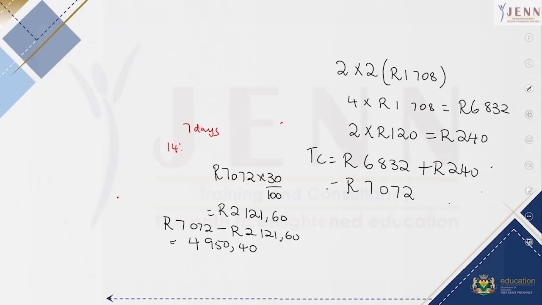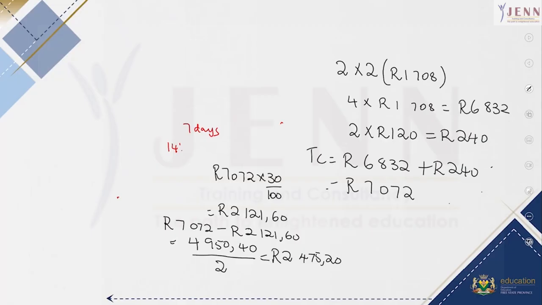But remember, they are going to share the amount equally. So we divide it by 2 to find the cost per person. So each person will contribute 2,475 rand 20 cents.